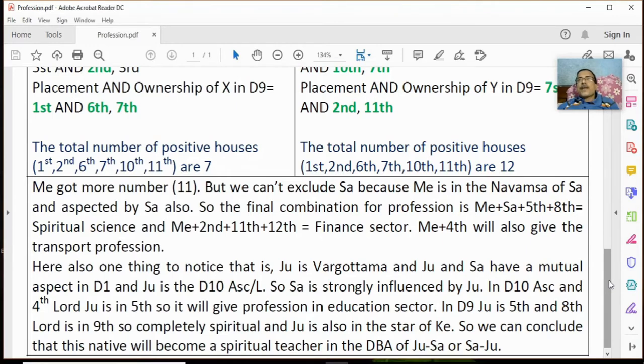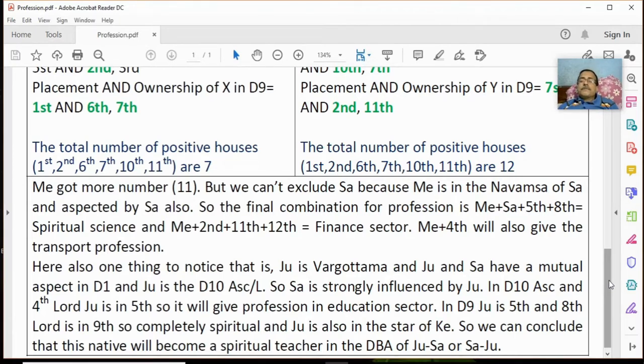Suppose a four-wheeler driver suddenly gets 1 crore rupees from a lottery. You can't say that buying the lottery ticket is his profession. His profession is driving, but his way of earning is gambling. So the way of earning and profession, there is a big difference, hell and heaven difference. These are not always the same.